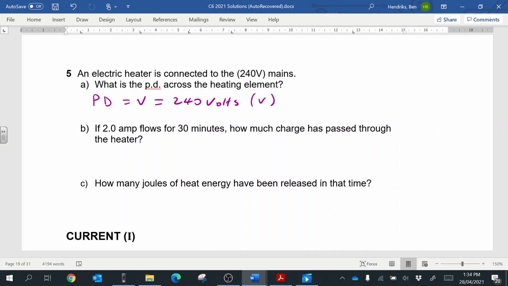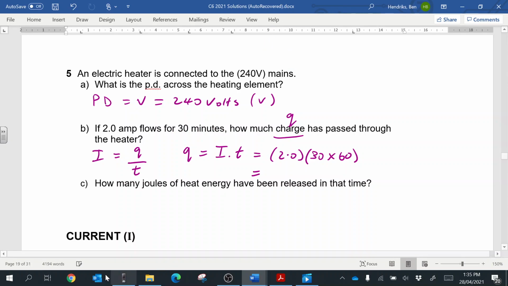If 2 amps flows for 30 minutes, how much charge has passed through the heater? So I, which is our amps, is equal to Q over T. If we want to see what charge is, then charge is Q, so we need to rearrange that. Q is equal to I times T. And remember, T is in seconds, so we have 2.0 times our time, which is 30 times 60.